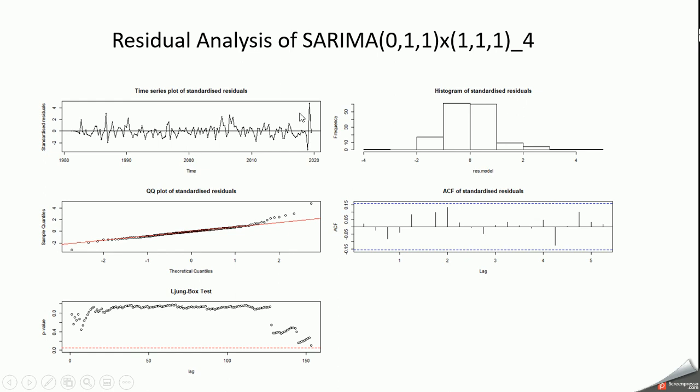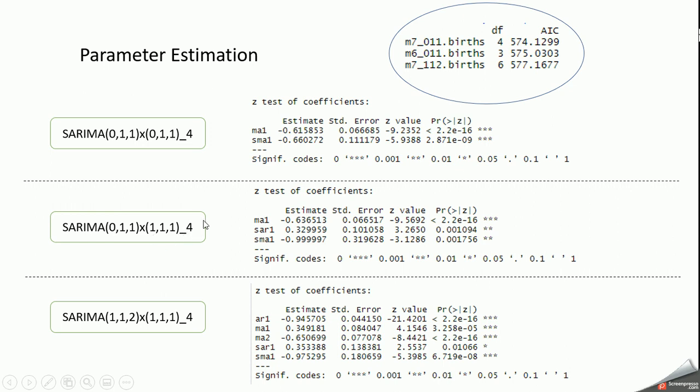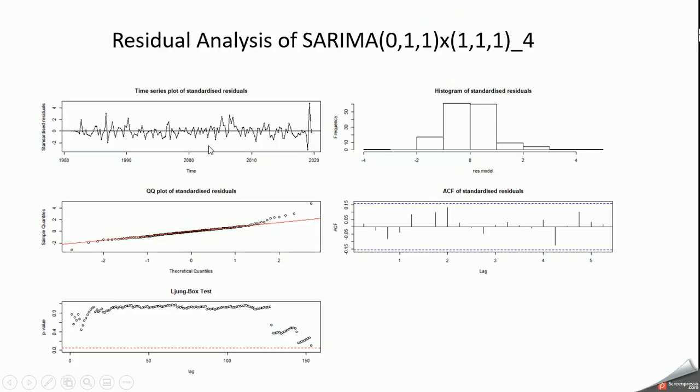In this presentation, I did the residual analysis for SARIMA 011111, which is my second model here with the lowest AIC. And it turns out the residuals are really good. The standardized residuals look pretty evenly distributed and random. The histogram shows a symmetrical pattern.